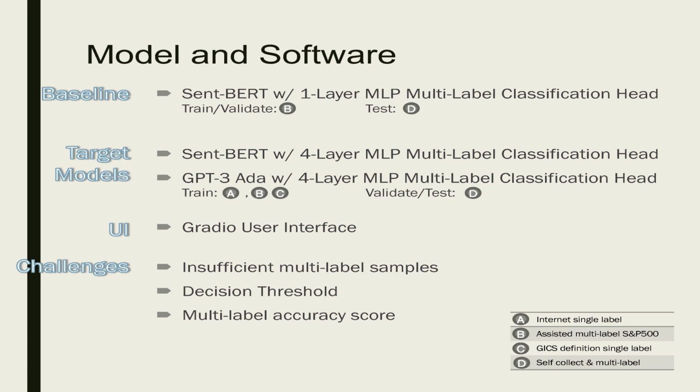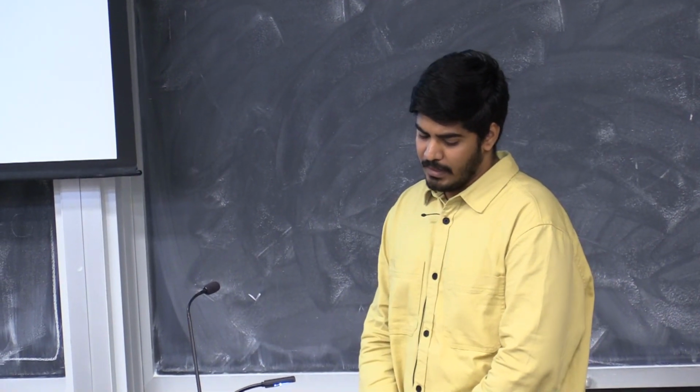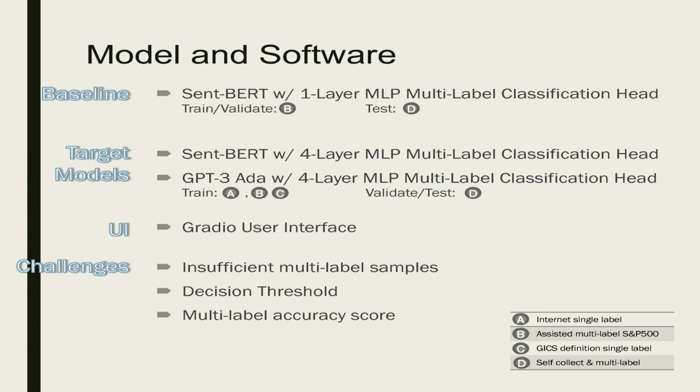Coming to our target models, we have 4 linear layers for our classification head. These linear layers have a leaky ReLU activation with the Adam optimizer. One of our target models gets 768 embeddings from pre-trained BERT, and the second model, GPT-3, gets 1024 pre-trained embeddings.